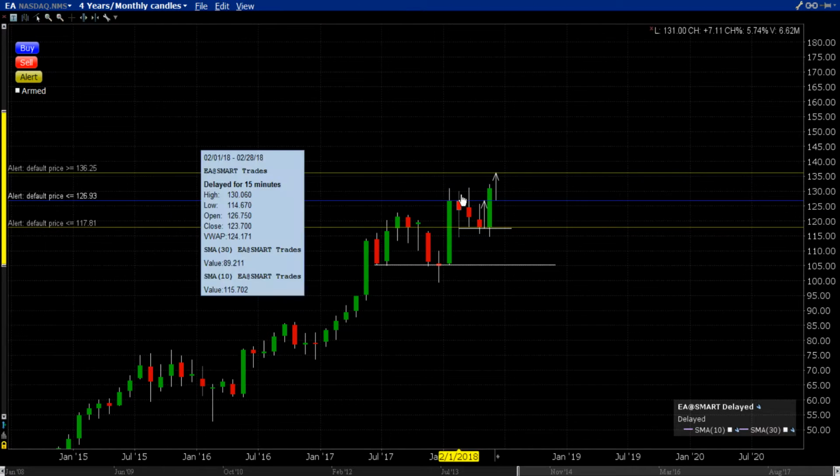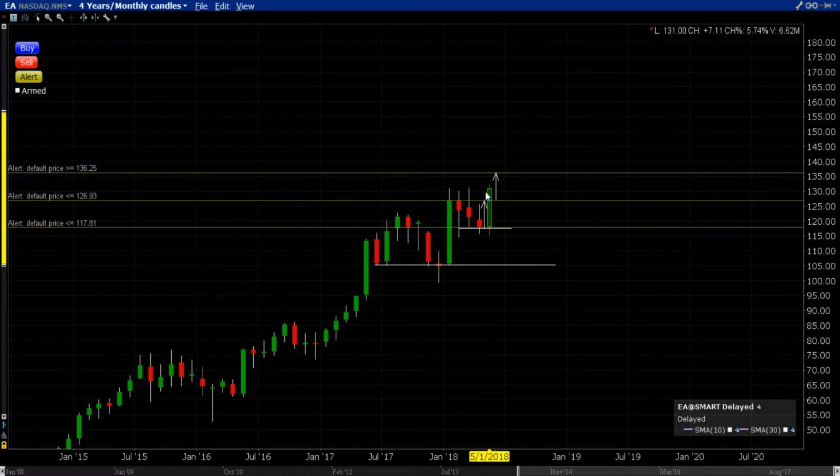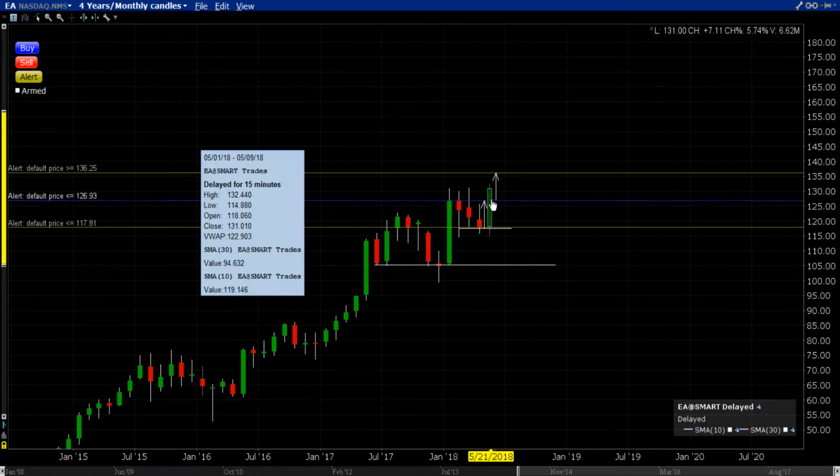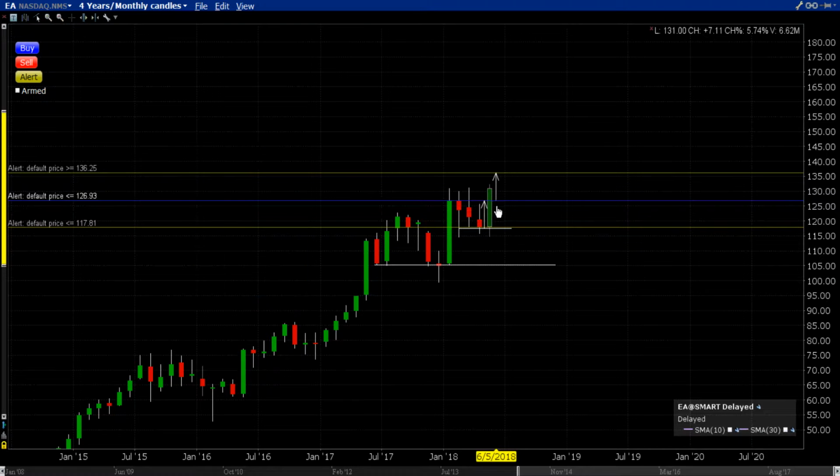Because remember, that candle could end up like these candles here. The wick could just be noise on the weekly, defined on the weekly and monthly charts, and we could end up just with a wick right here and a close below 127. Close below 127, then who knows what's going to happen, right?